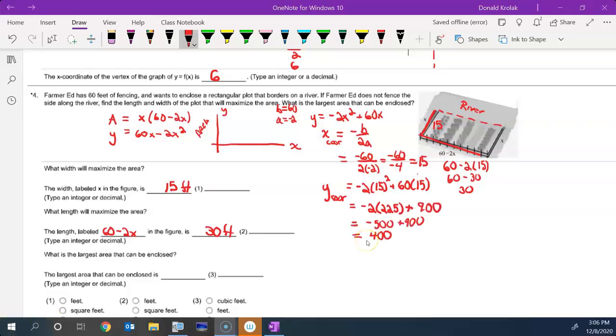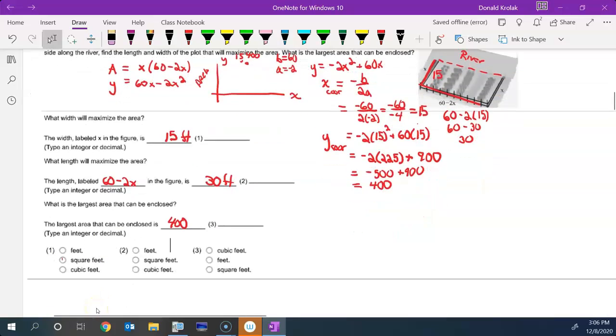So the largest area, once I plug 15 in, that gives me my vertex. So the vertex of this would be 15 comma 400. And 400 is going to be the largest area that you can enclose, and that would be in square feet.